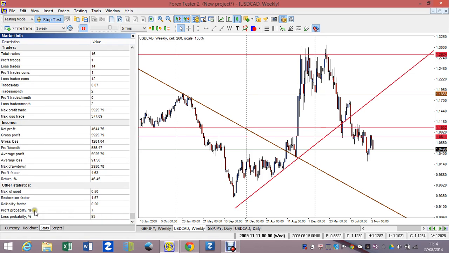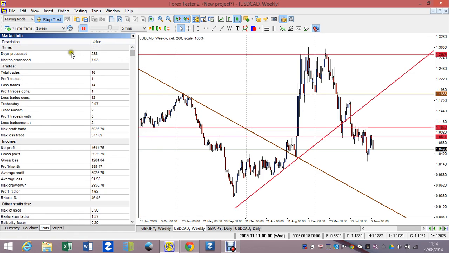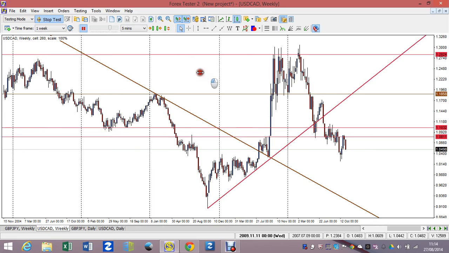So the profit probability is basically the win rate, which is 7%. A 7% win rate, and I still added 50% to the account, nearly 46.45. I think that in itself speaks volumes for this strategy.